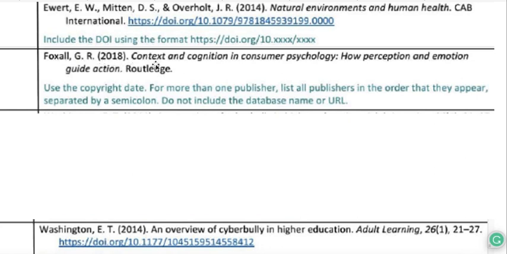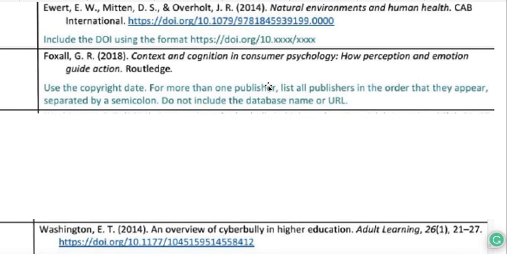After that again a dot, then the title of the book in full, and then the publisher who has published it, and there is no web address, there is no DOI because it's not available. And the writer says here that if there are many publishers or many editions, then which year should be used? At that time, one should use the copyright year, in which the C copy is written.